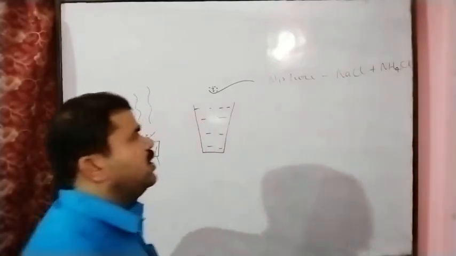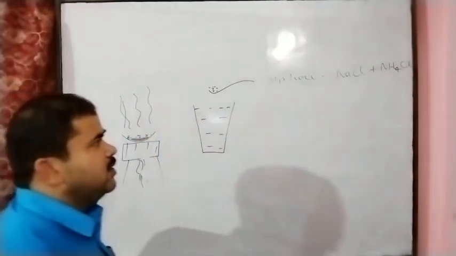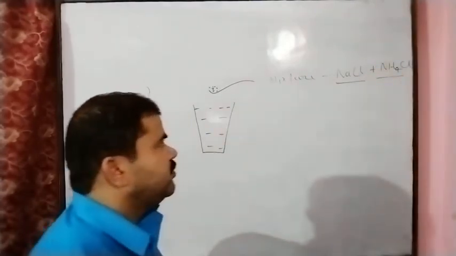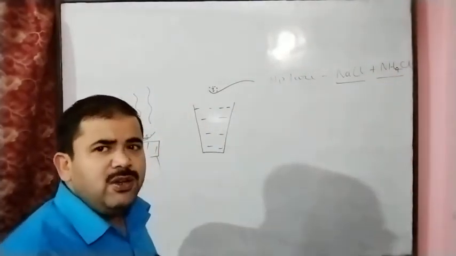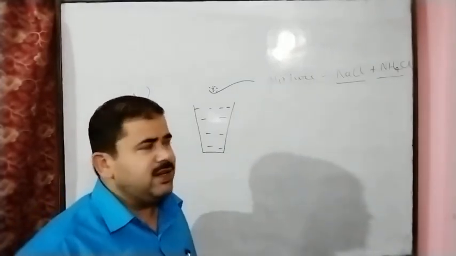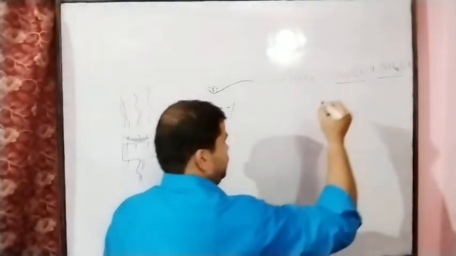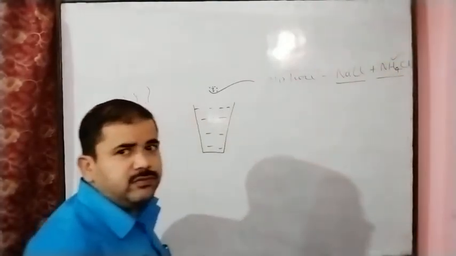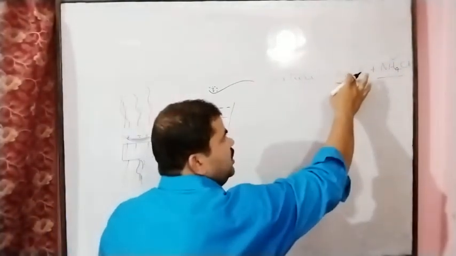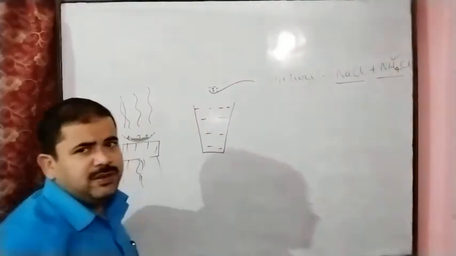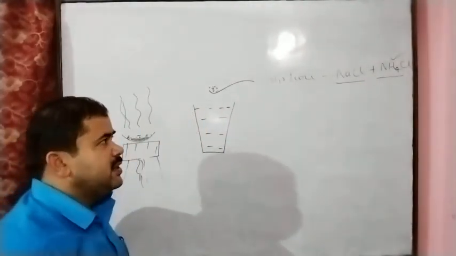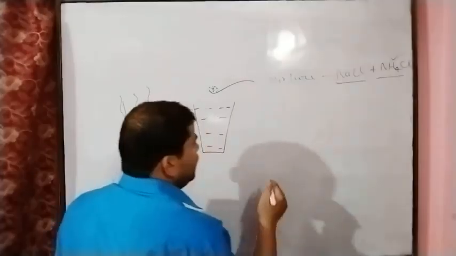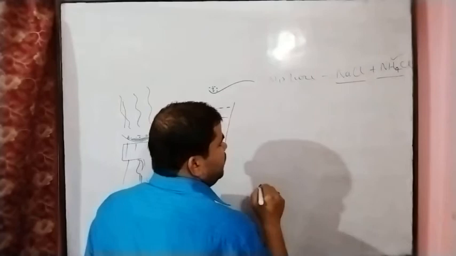Both are in solid state, so this is an example of a solid mixture, and in this we will use sublimation. The reason is that ammonium chloride is the sublime substance and NaCl, sodium chloride, is a non-sublime substance. So the sublimation process is very helpful for the separation of these constituents.